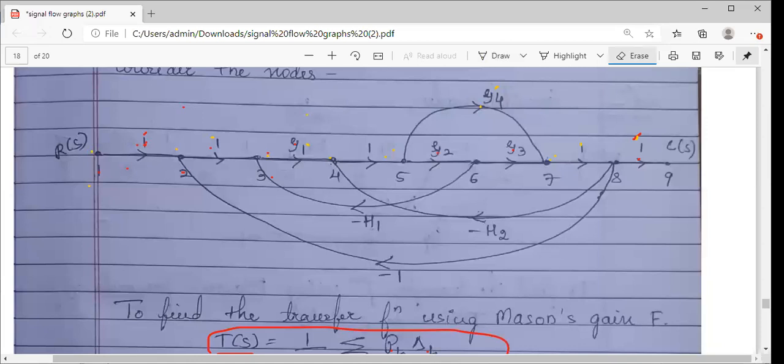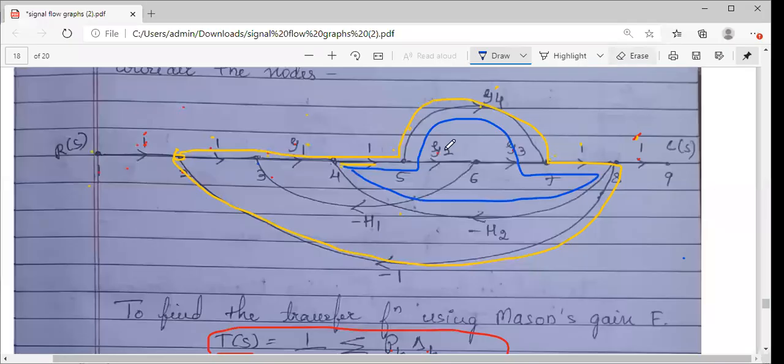Three. Okay, Salahuddin is telling 3. Very quickly tell me how many loops you have. Any other answer?